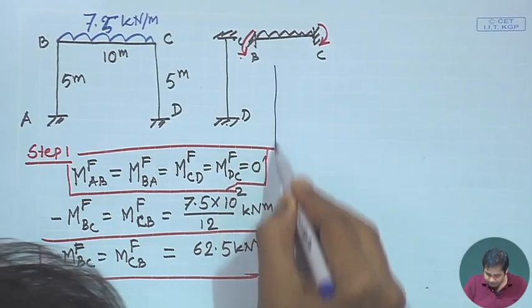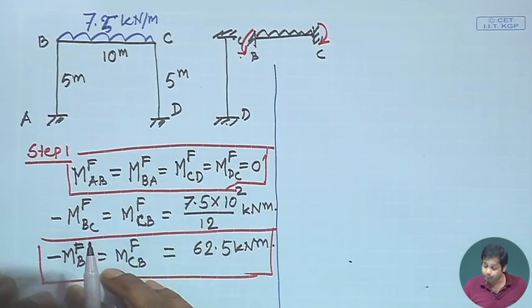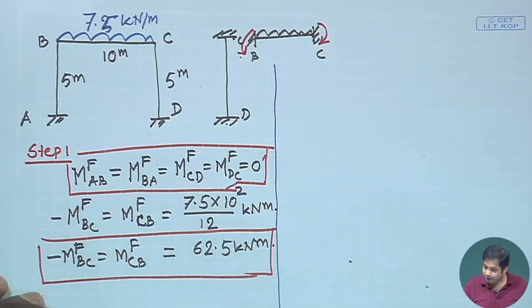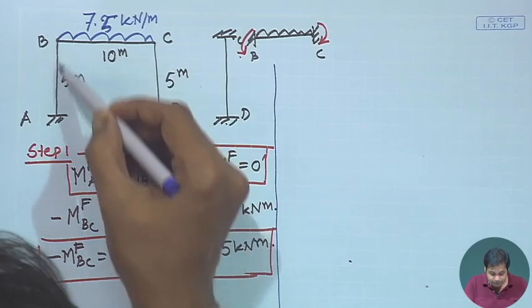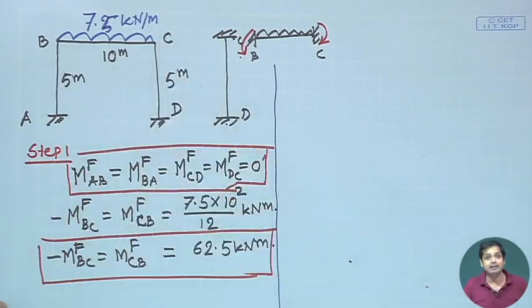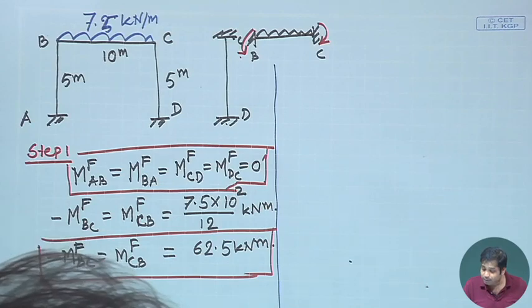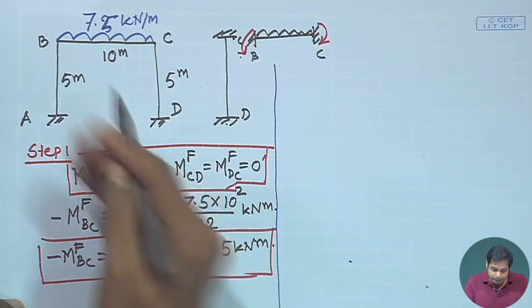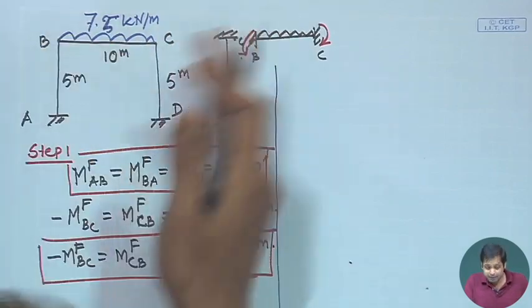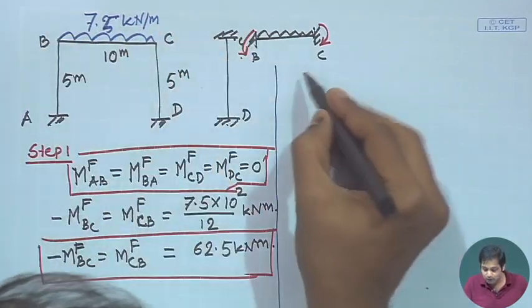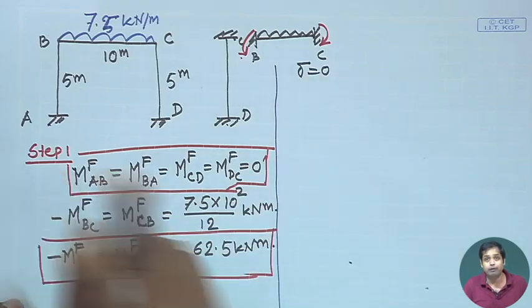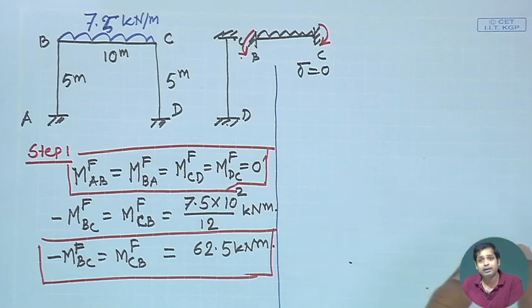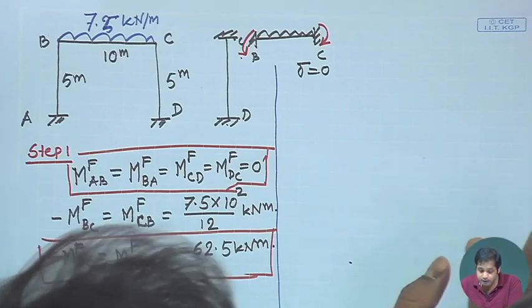Now, step 2 is to apply the slope deflection equation for AB, BC and CD. Let us see what information we have. As I said, there is no sway in any member, so delta is equal to 0. The slope deflection equation is a general equation which has rotation and translation as well, support settlement or sway.